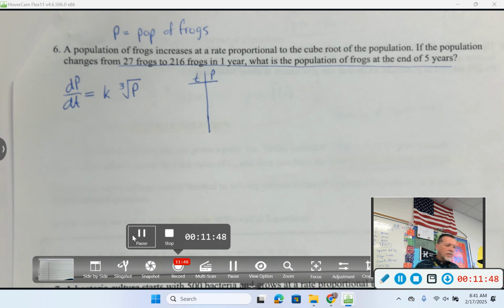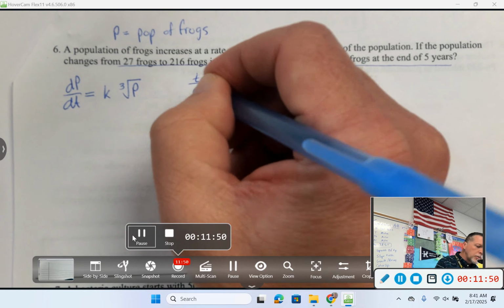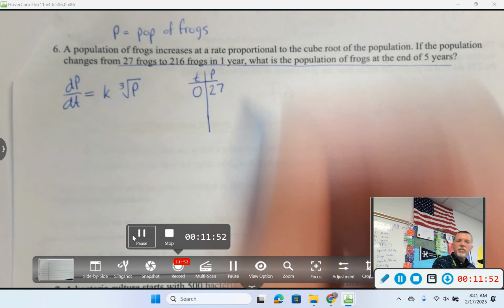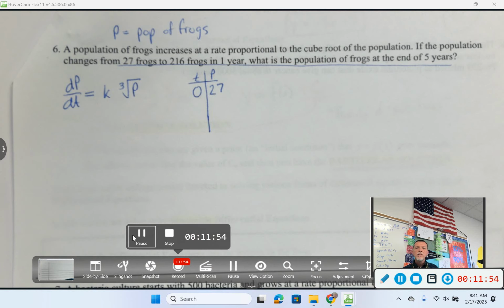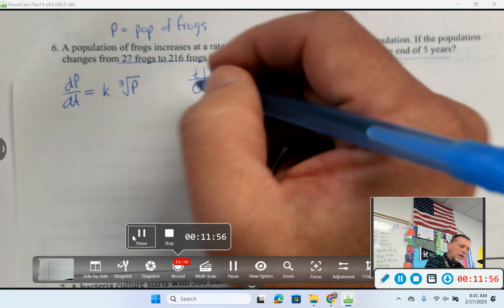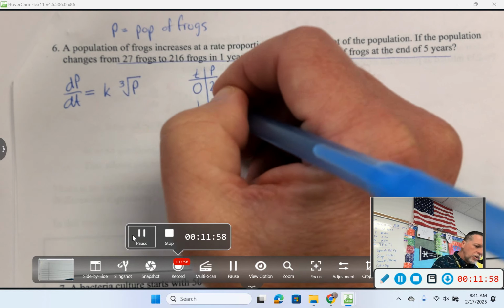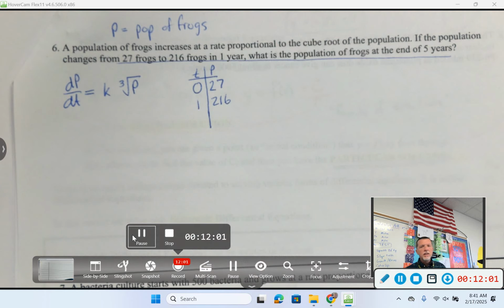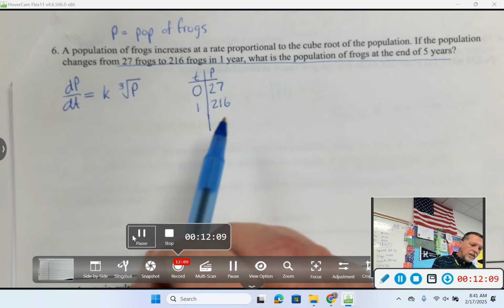So I think this is saying at time 0, like when we start our experiment, there's 27 frogs. And after 1 year, there's 216 frogs. And by the way, both of those are perfect cubes, so I think this is going to set up to give us nice numbers in the end.